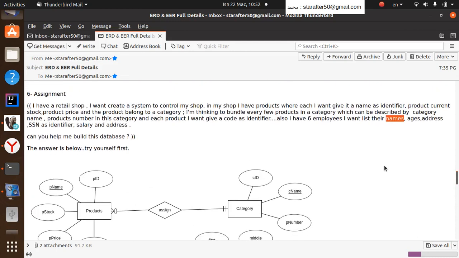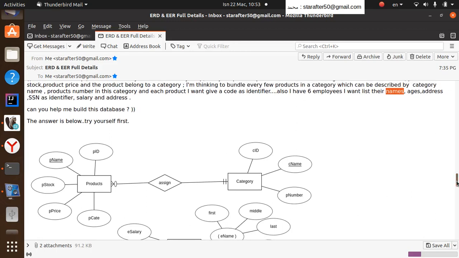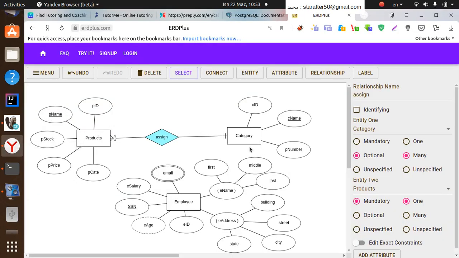So this is how you can create an ERD, either using a pen and a paper and while the customer is talking, you are picking up the points and drawing the entities and the attributes and the relations, and then you decide which one is a strong entity, which one is a strong attribute or composite attribute or whatever. Or you can use later on these online diagram tools, which are available, many of them. You can select whichever is suitable for you, and you can start drawing the ERD.